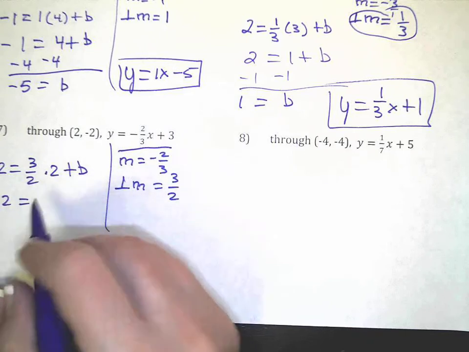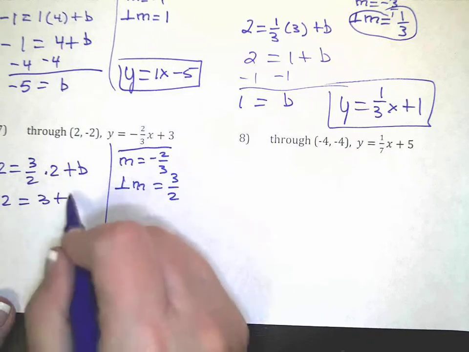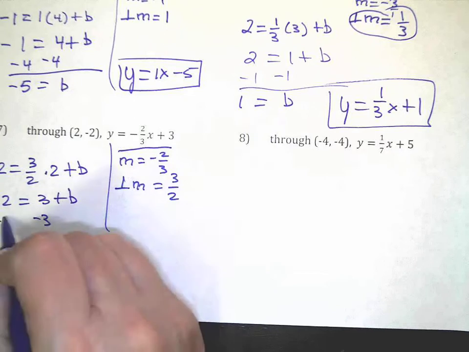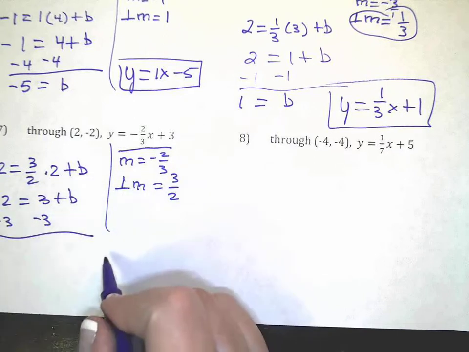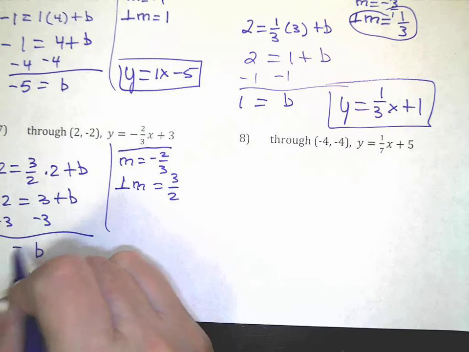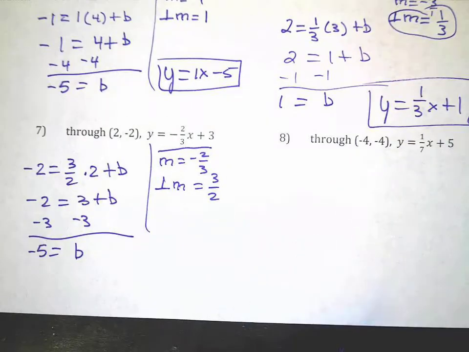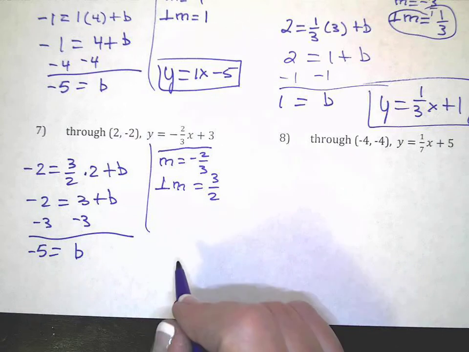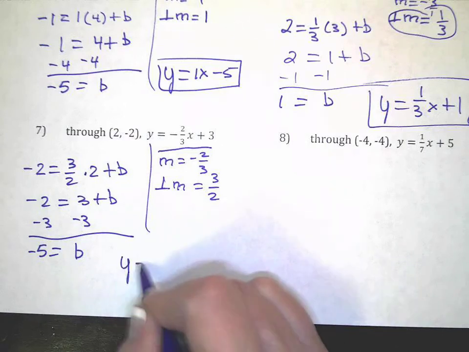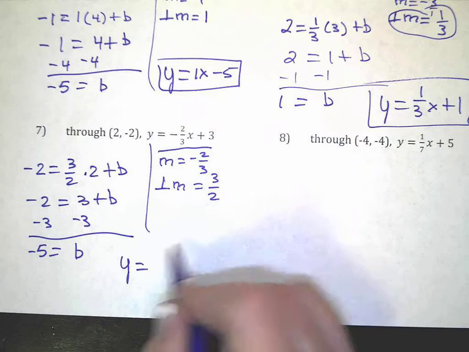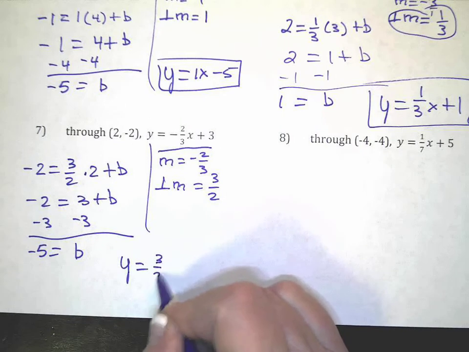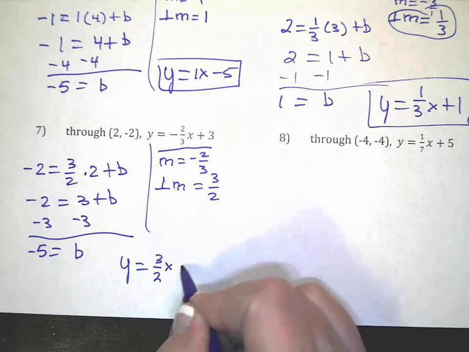So negative 2 equals 3 plus b. Subtracting 3 from both sides, b is equal to negative 5. So to write our solution, y equals this perpendicular slope, 3 over 2 x, subtract 5.